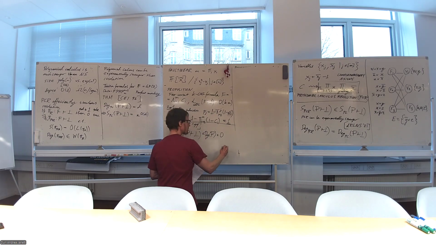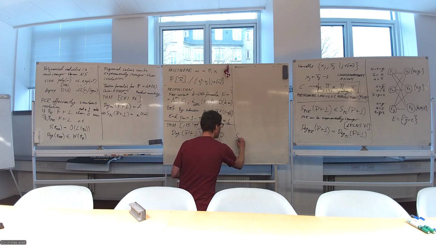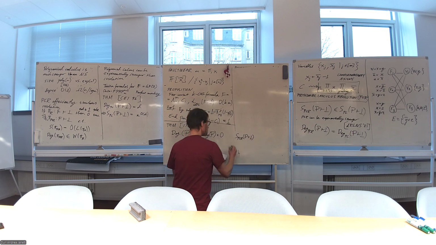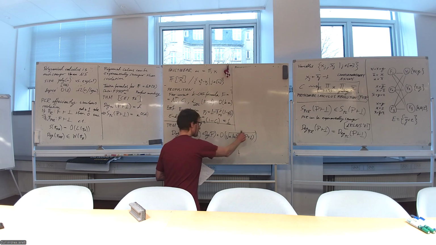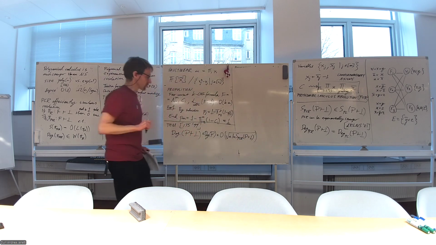But then, if you have a small refutation, even in PCR, in fact even in multilinear PCR, then you can take the number of variables times the logarithm of the smallest possible PCR refutation size, and the square root of that is going to give you an upper bound on the degree.